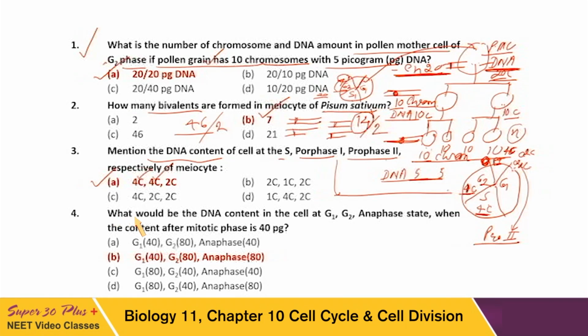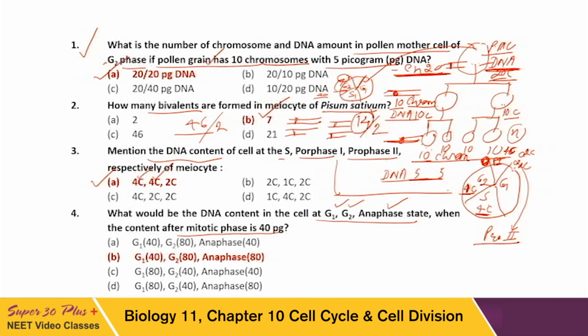Okay. What will be the DNA content in a cell at G1, G2, anaphase? Content after the mitotic phase is 40. See here, G1, G2, anaphase. Is it clear? The mitotic phase is completed.